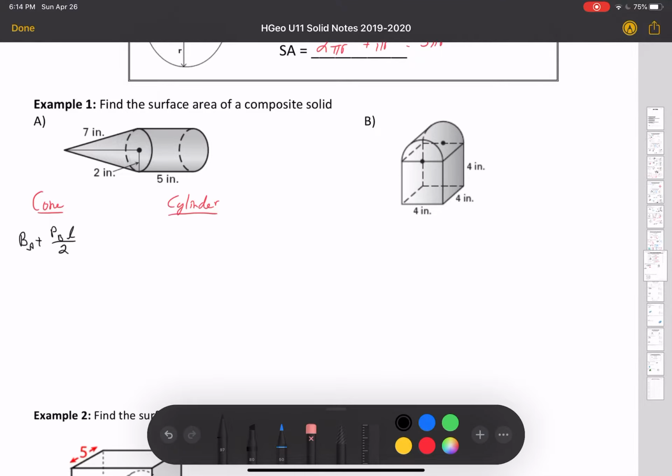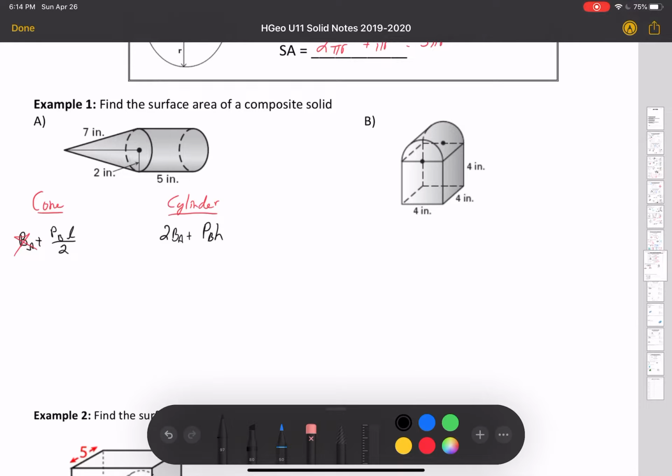Now we think about what part can we not touch. For the cone, we cannot touch the base of the cone because it's fused together with the cylinder. So I'm going to cut that out because we don't need to find the area of the base because we can't touch it. Okay. For a cylinder, we have 2 times the area of the base plus the perimeter of the base times the height.